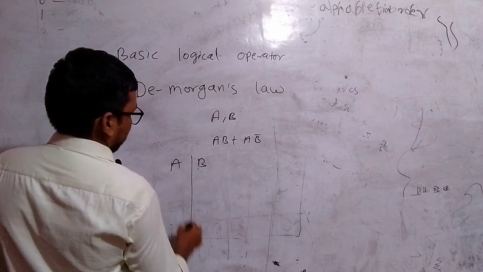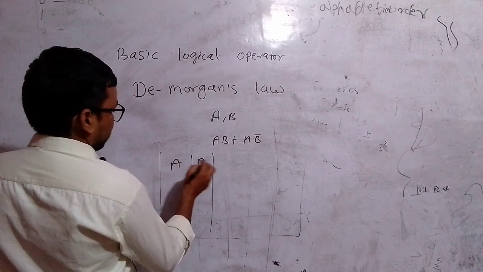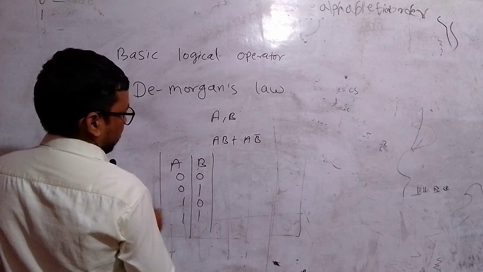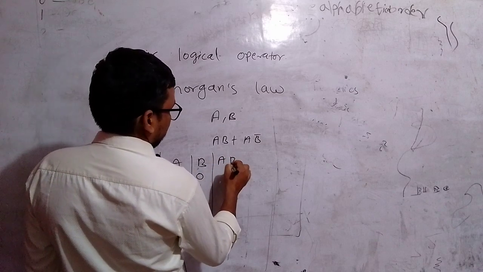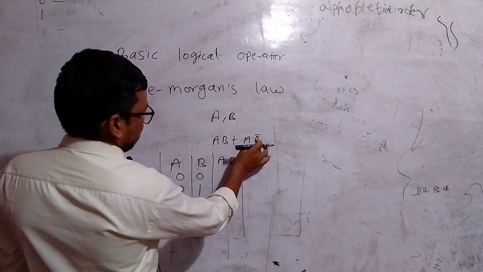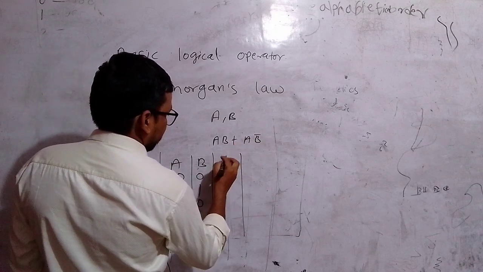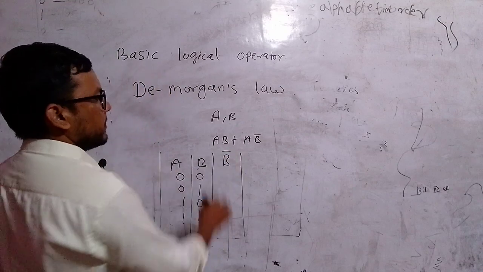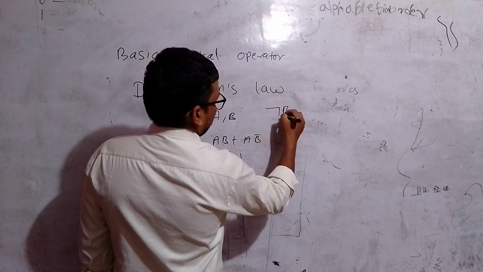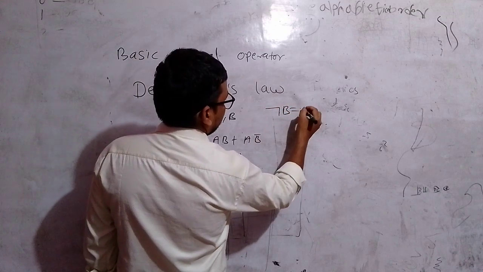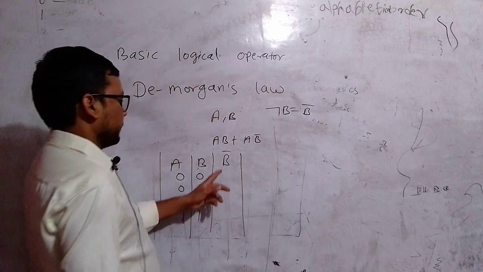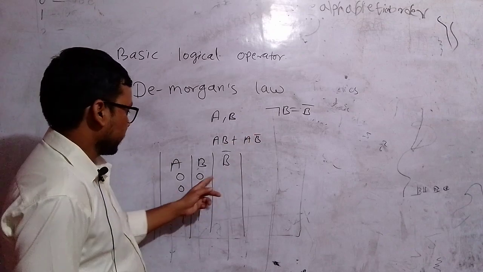The truth table would have columns A and B. What would be the possible values of A and the combinations of A and B? 0 0, 0 1, 1 0, 1 1. Now we need to write each term. First of all, B complement is given, so let me write B complement. What does complement mean? Negative. B complement is also the negation, the NOT operator.